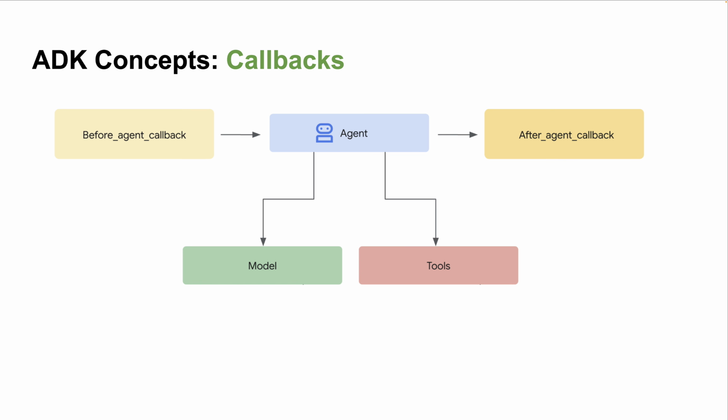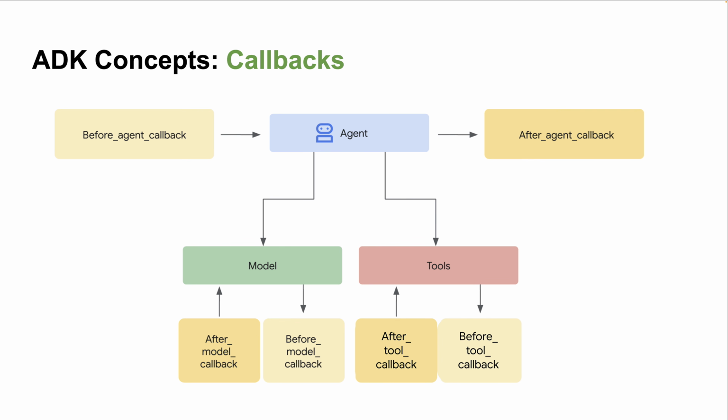An after agent callback, which will run after the agent's main processing logic runs. After or before model callbacks, which will execute after you receive a response from the LLM or before you invoke the LLM, respectively. And finally, after or before tool callbacks, which will run after or before a tool is invoked.